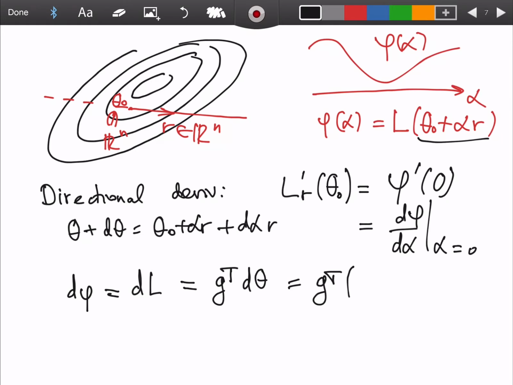So I care about this d alpha. Essentially d theta is d alpha times r.